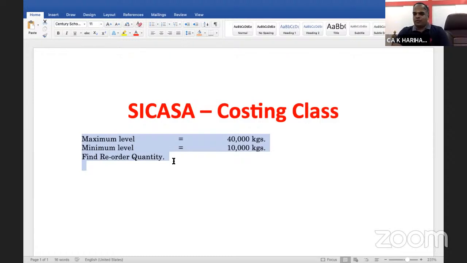Then you have to compute the reorder quantity. Is the screen visible? Good.